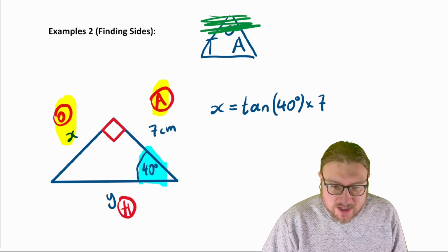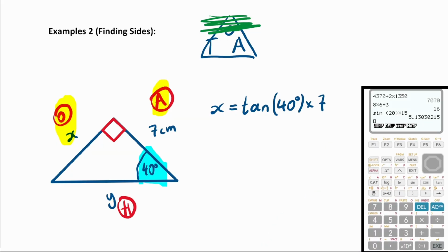So let's go and grab our calculator and put that in. We're going to have to go tan 40 times 7. There we go. And we get 5.87, so 5.9. That's the 1 decimal place.